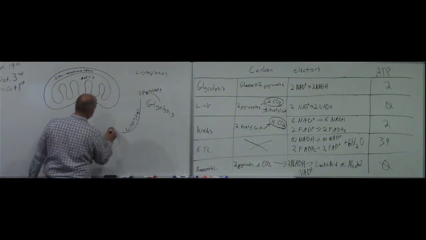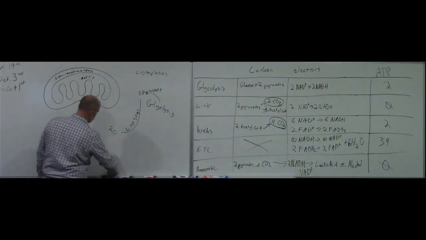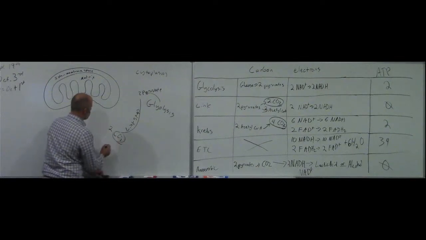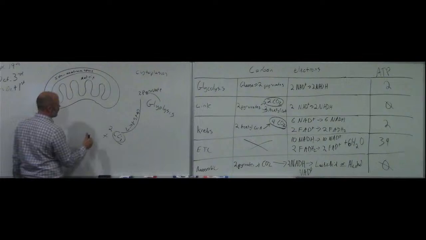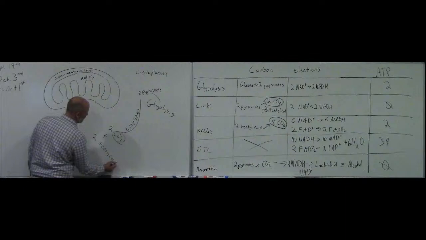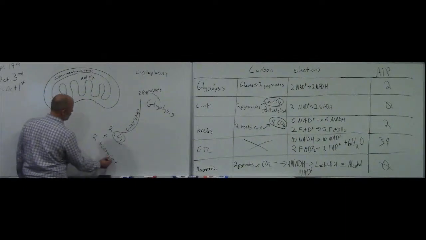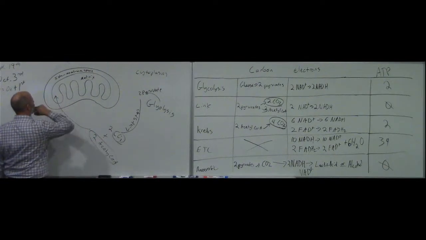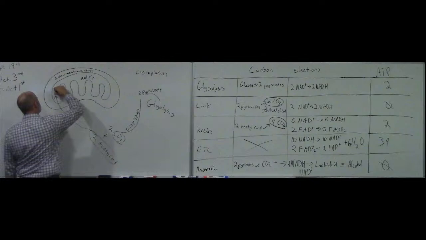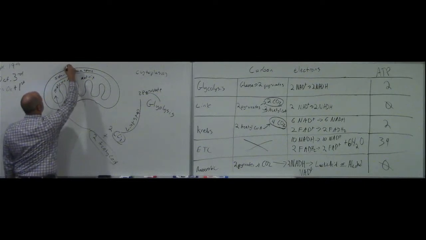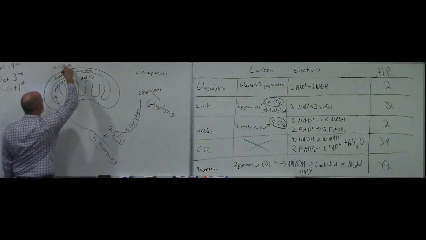And they produce 2 CO2 and 2 acetyl coenzyme A. Then these 2 acetyl coenzyme A travel into my matrix. And in here, acetyl-CoA gets converted into CO2, 4 of them, and they leave.